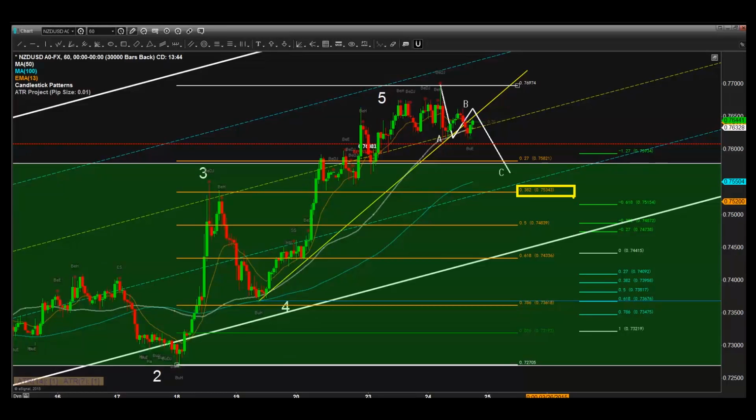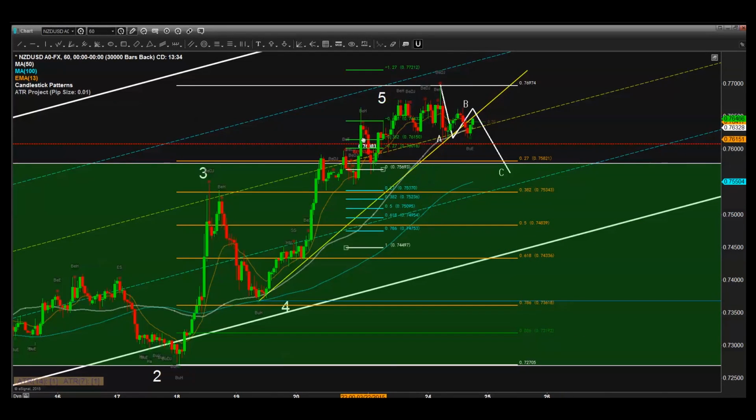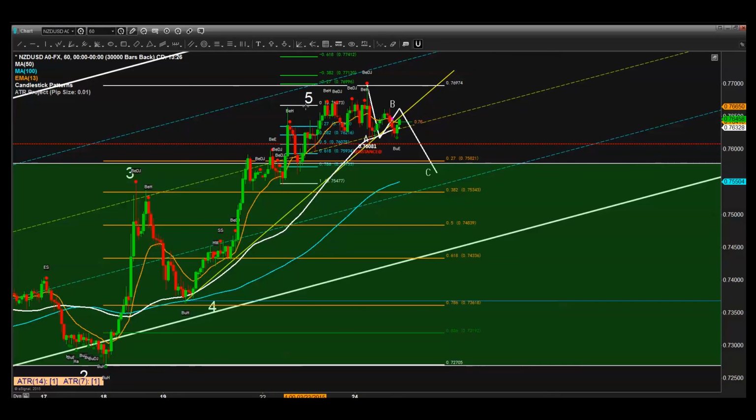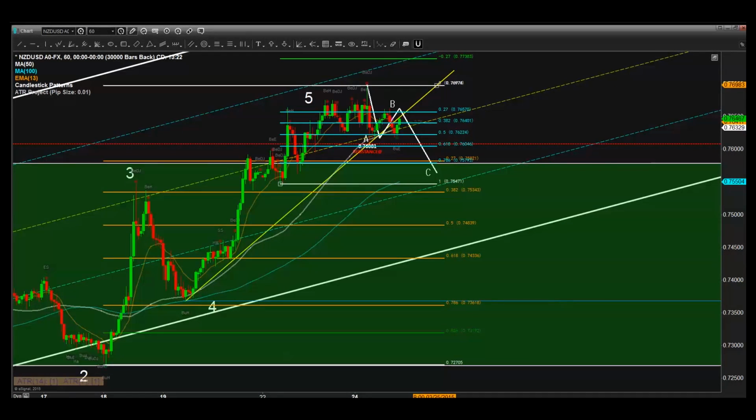75.34. Can everyone see that 75.34? Okay, now that will be an entry for the bounce. Now let me see an entry here as to where you can expect a bounce from these guys. The short term, let's see. 618 is around 7600.